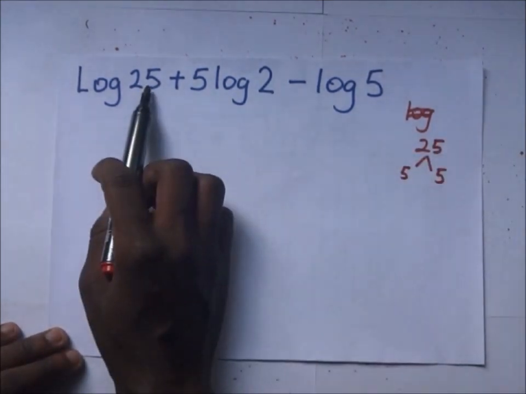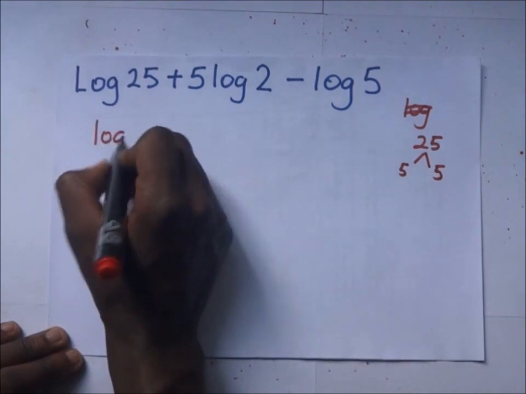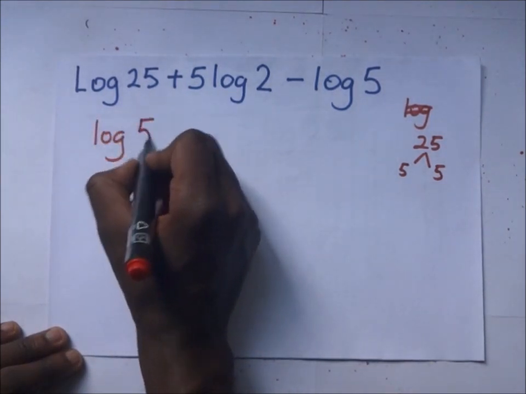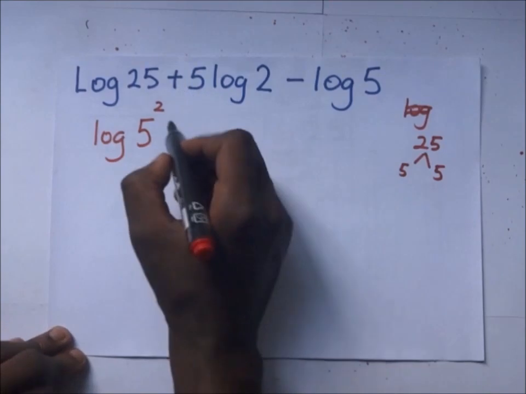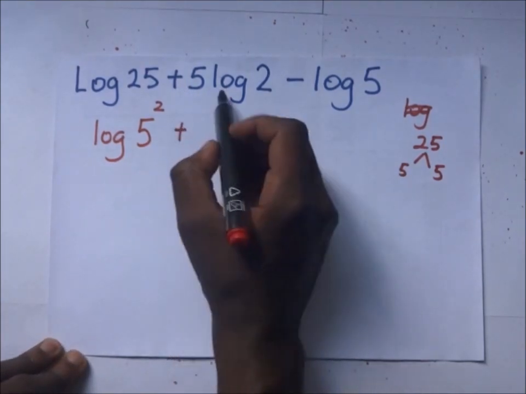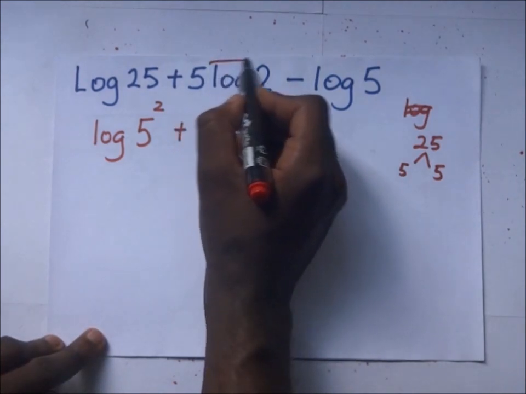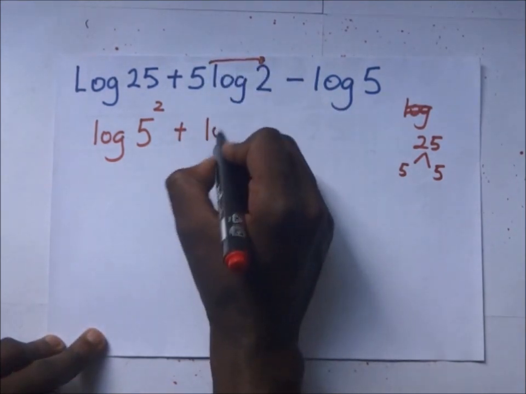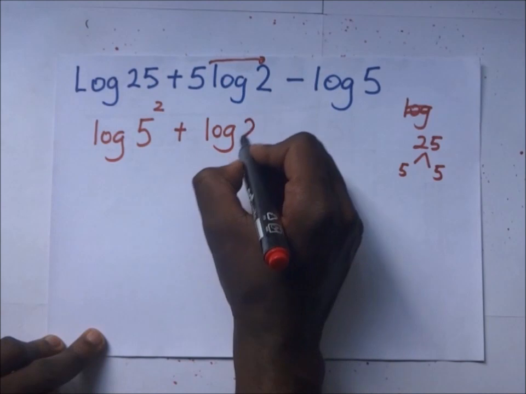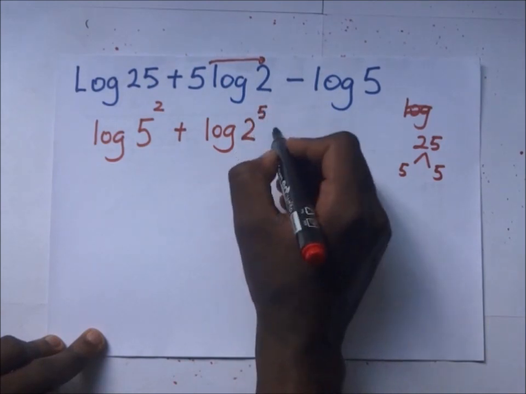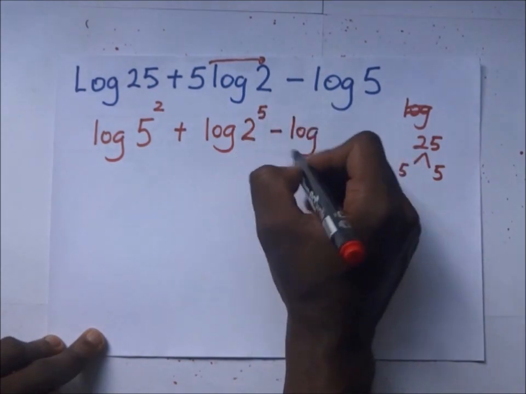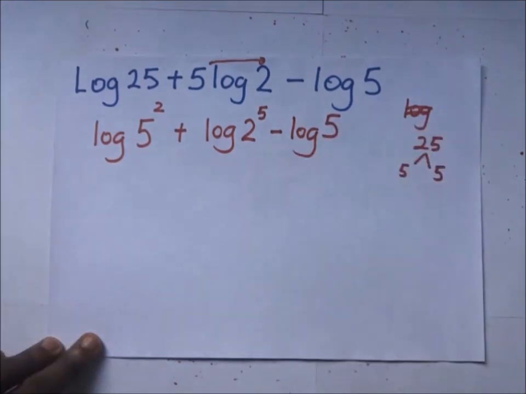So it means that this is the same as saying log of 5 squared, plus, now this is 5 log 2. This 5 can be taken back up there, so it's becoming log of 2 to the power 5 minus log of 5.